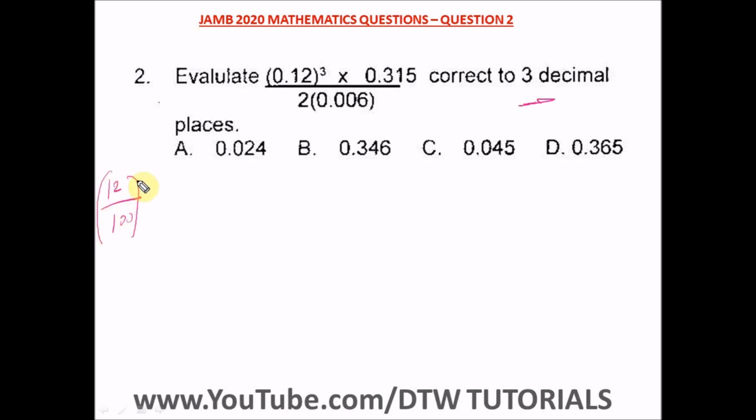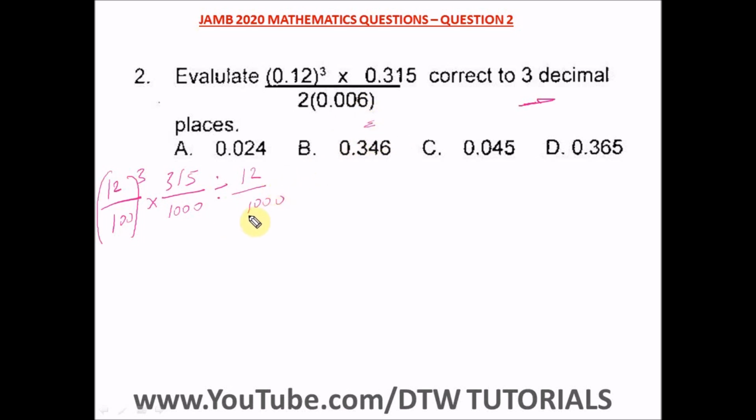Now the bracket is raised to the power 3, times 0.315, which is 315 over 1000, divided by, now we have to multiply this, so we get a fraction of 12 over 1000. If you look at this and this, you agree with me that they are the same thing.